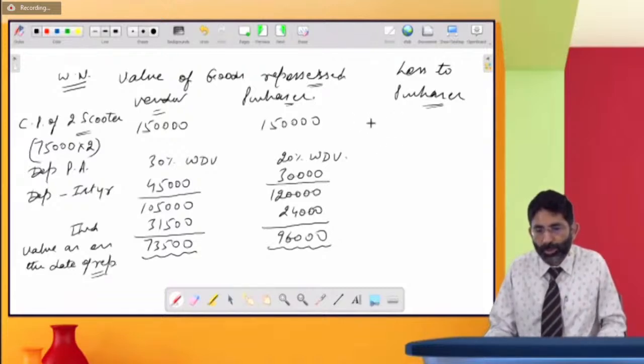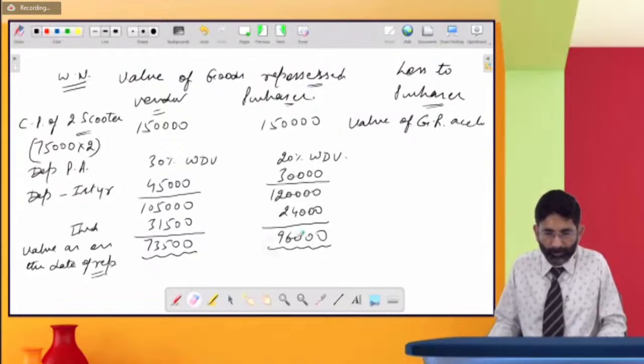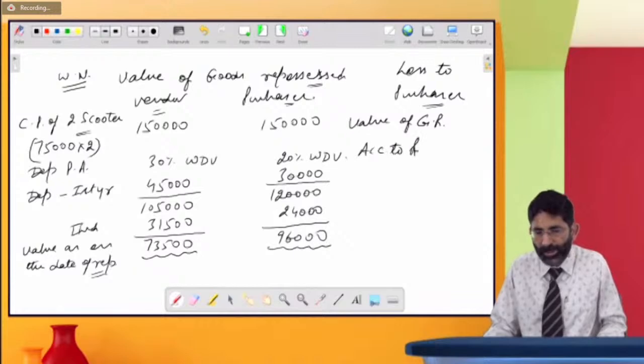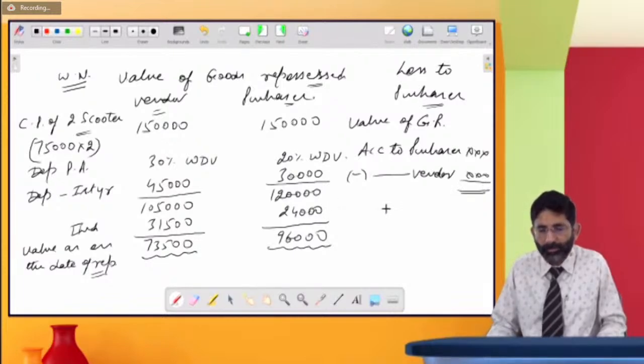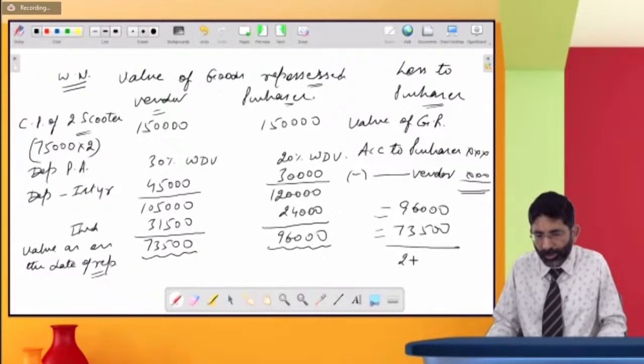That is, loss to purchaser is equal to value of goods repossessed according to purchaser minus according to vendor. This will be the loss. Now in the given case, it is 96,000 according to purchaser and 73,500 according to vendor. So we are going to suffer a loss of 22,500 in this case.